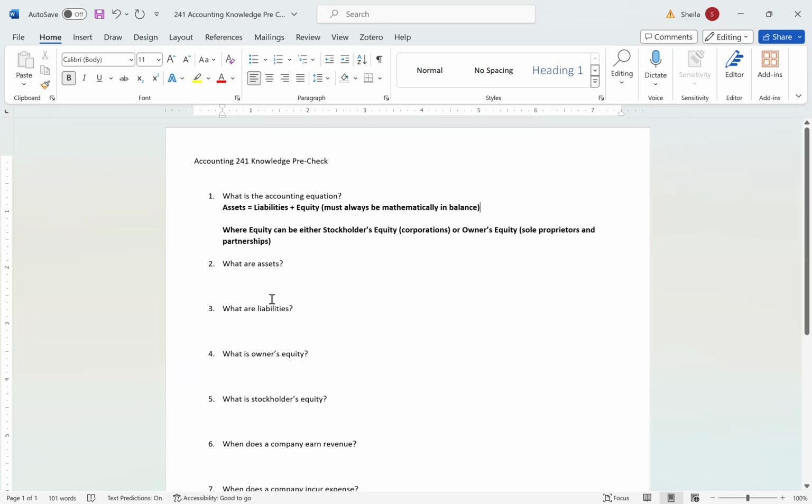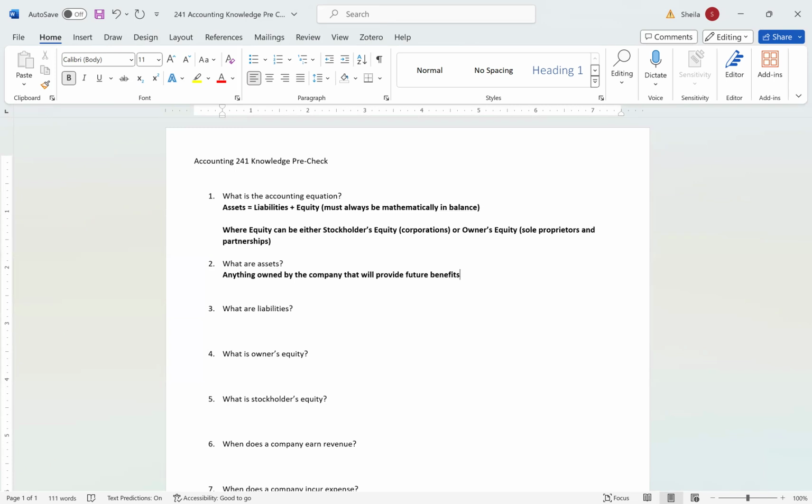Now, moving on, let's talk about assets. So what are assets? Assets are really anything owned by the company that will provide future benefits. Now, in Canvas, there is a document called Accounting Equation Elements. I encourage you to spend some time with these so you can see where everything fits together.